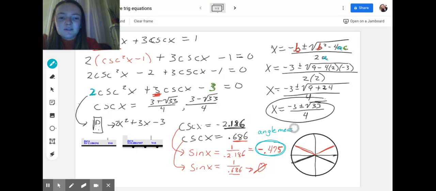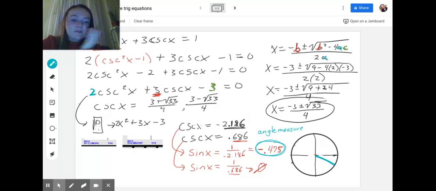So what I'm going to do is graph that on my unit circle. If I go down negative 0.475 radians, that might look something like this. And that is going to be one of my solutions.